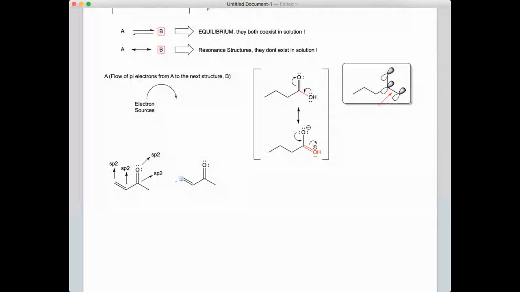I'm going to draw the p orbitals. sp2 is one p orbital, so it's one here. I'm sorry. So there is one p orbital here, one p orbital here, another p orbital here, and another p orbital here. Okay, four p orbitals next to each other, properly aligned.